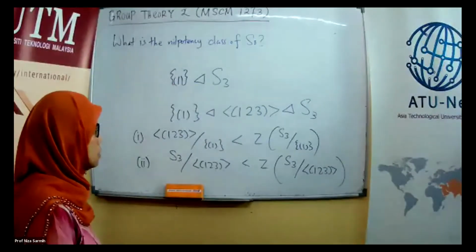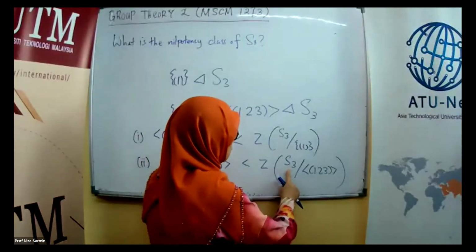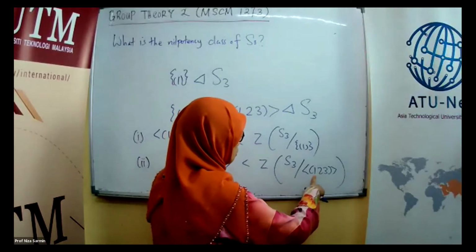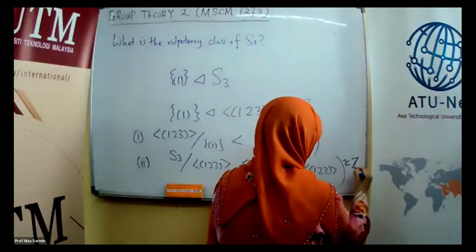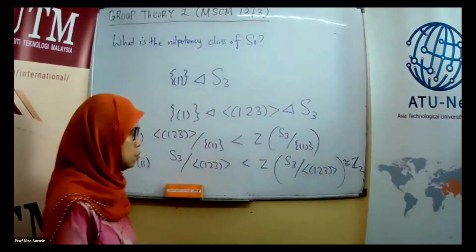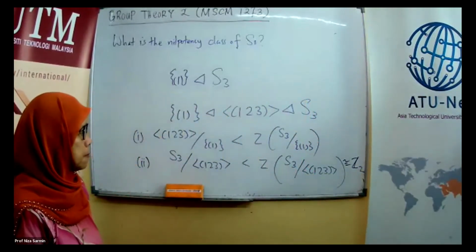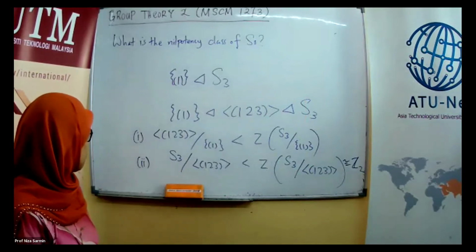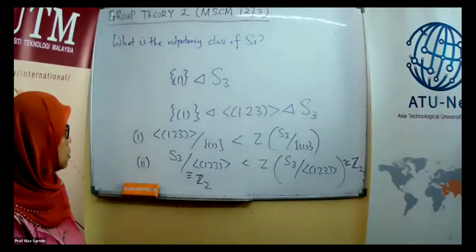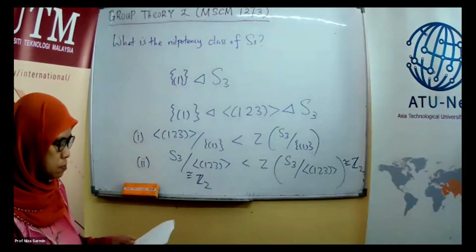Okay? So this is order 6. This is order 3. So this is isomorphic to Z2. What about this? Also, right? This one also. Yes. This one also. This is okay. What about the above one?